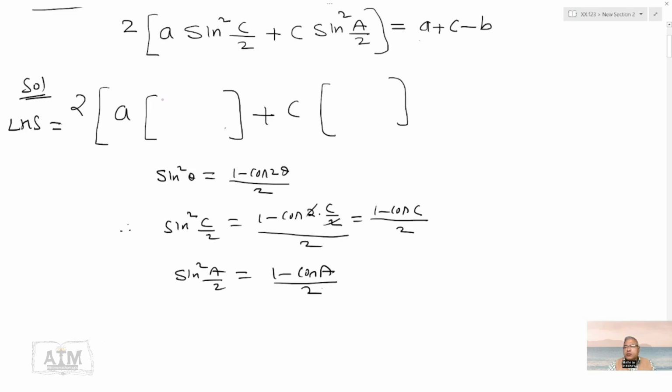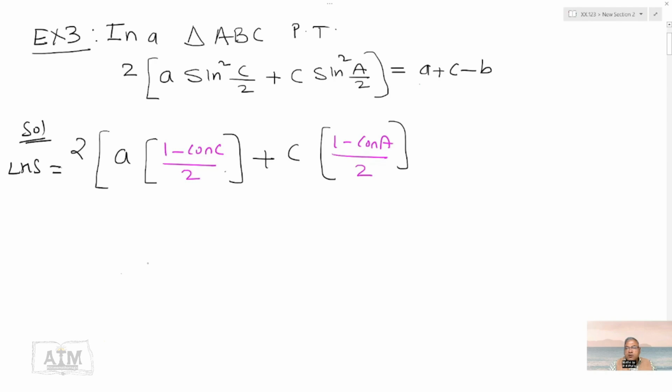After that, let us simplify further and open the bracket here.